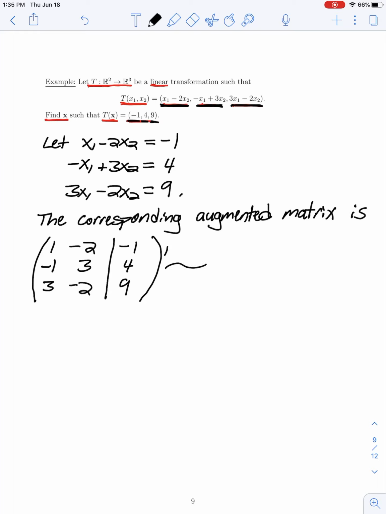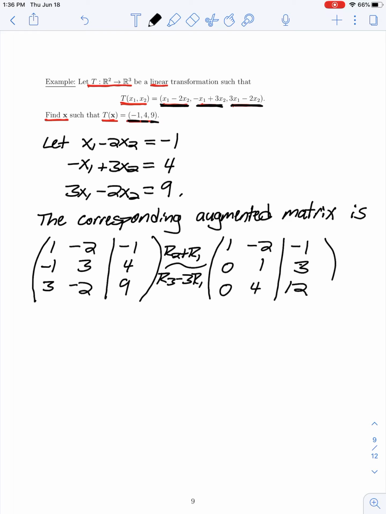To simplify, I could first take row 2 and add row 1 to it. So my first row remains 1, -2, -1, and my second row becomes 0, 1, 3. Then in my third row, I could take row 3 minus 3 times row 1, which gives me 0, 4, 12.